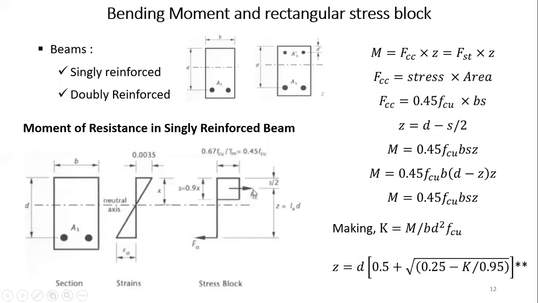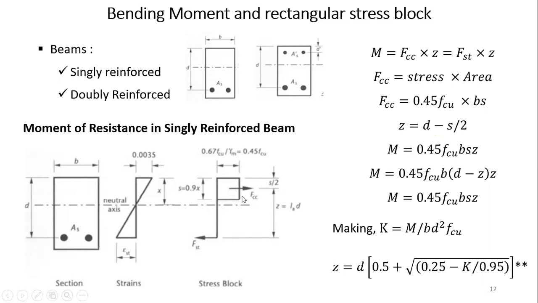The distance between the center line of force in the compression zone, of concrete, and that of steel in the tension zone is what we call Z. We call it the lever arm.